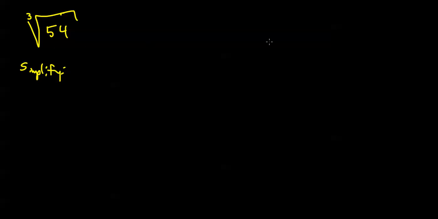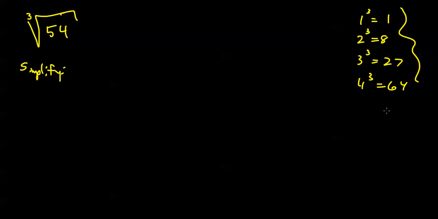Well, 54, let's see, I'm going to be looking for perfect third powers, or perfect cubes, here. 1 cubed is 1, 2 cubed is 8, 3 cubed is 27, 4 cubed is 64, so I'm pretty confident here. I've already gone up to 64, and 54 does not appear on this list.